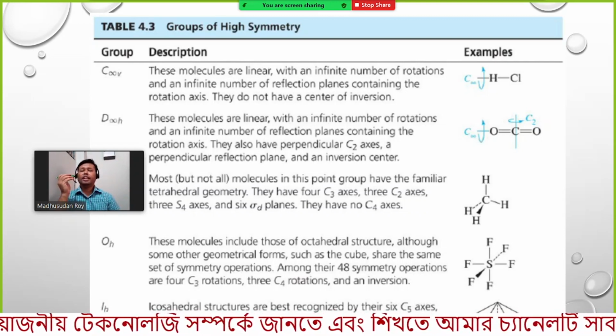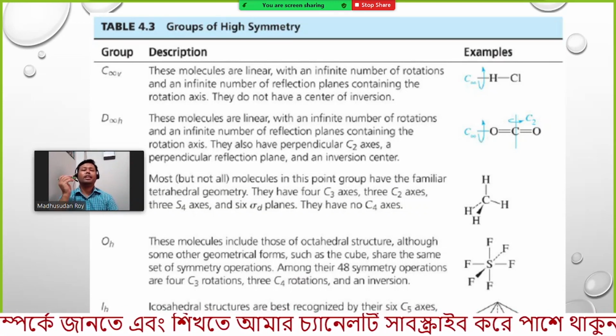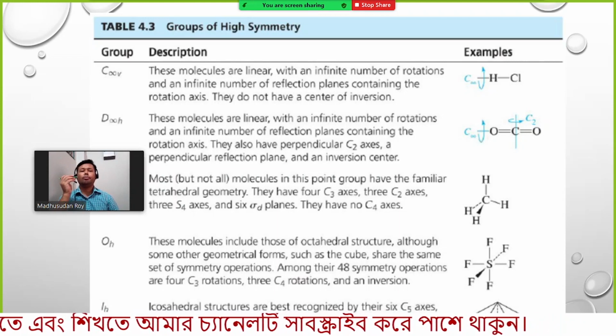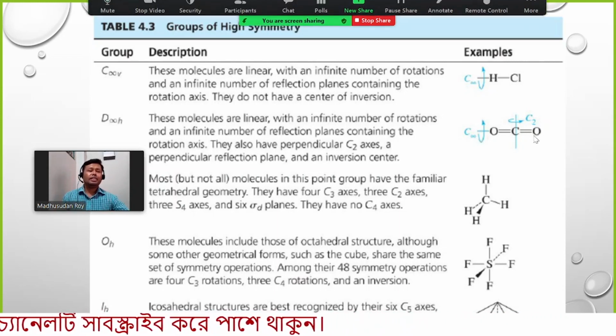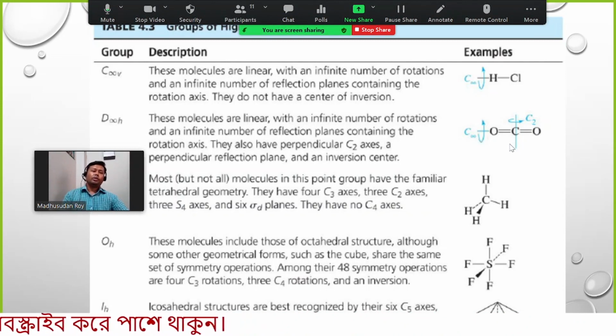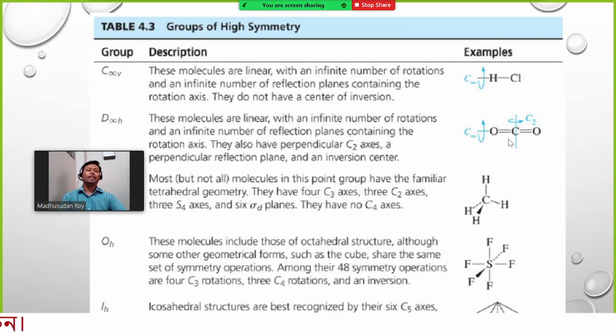Another one, D infinity h. These molecules are linear with an infinite number of rotations and an infinite number of reflection planes containing the rotation axis. This is the carbon dioxide molecule, which is also linear. So you can have a C2 symmetry.